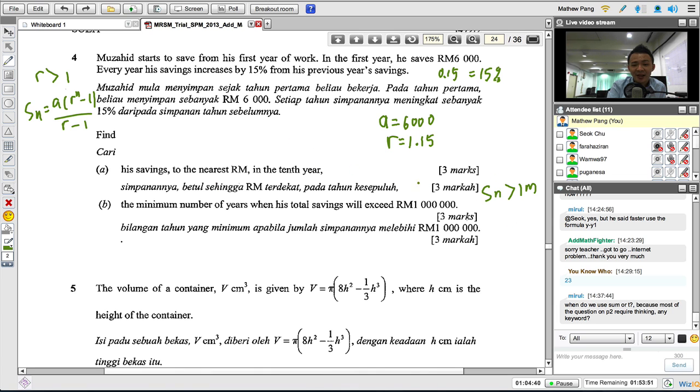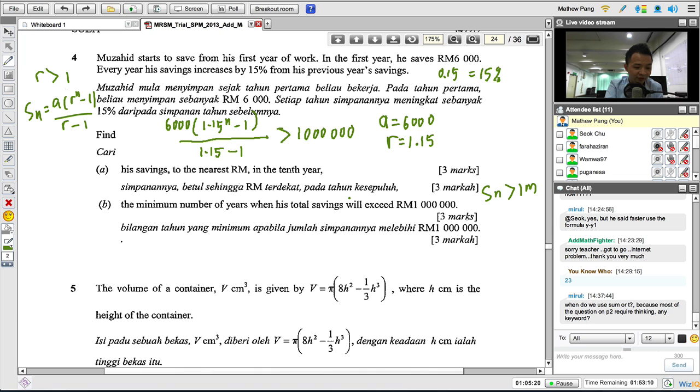Now I want to find Sn bigger than 1 million, so I use this formula: 6,000 times 1.15 to the power of n minus 1, over 1.15 minus 1, is bigger than 1 million, which is 1 followed by six zeros. Then I solve this: the 0.15 moves to the other side, and I divide by 6,000. Then I press 1 million.